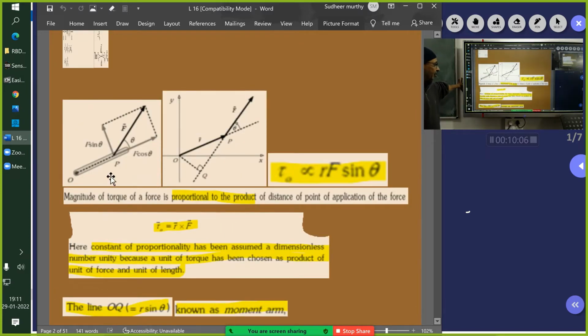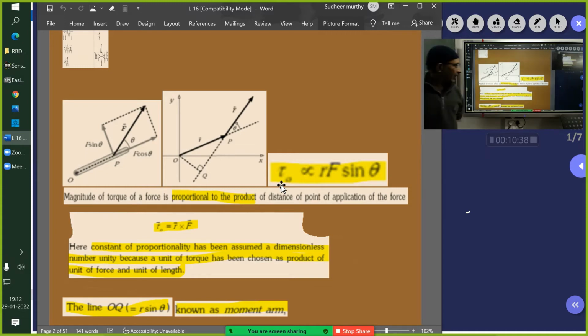Now here is something which is important for us. This is the reference point, and this is the rod, and at this point of the rod, if force F is acting, then we will split it into two components, F sin theta and F cos theta. Again, with respect to a particle you have a similar diagram. Here you see the twisting that happens because of the torque, that is, whenever the force is not passing through the center of mass.